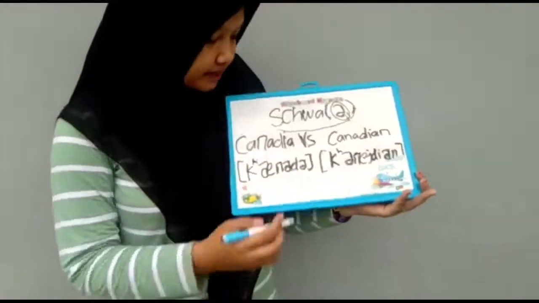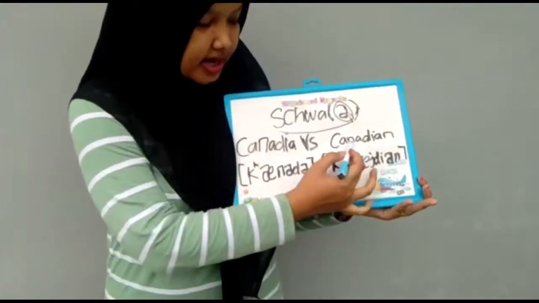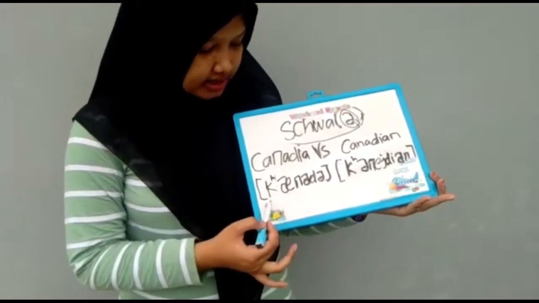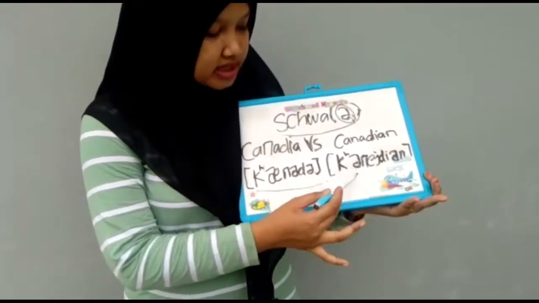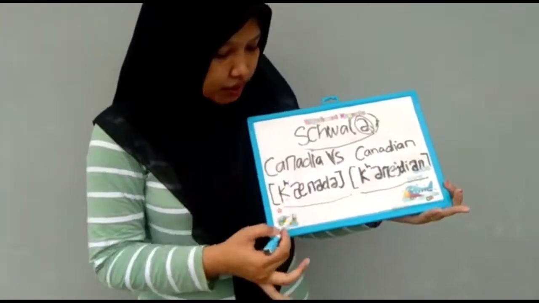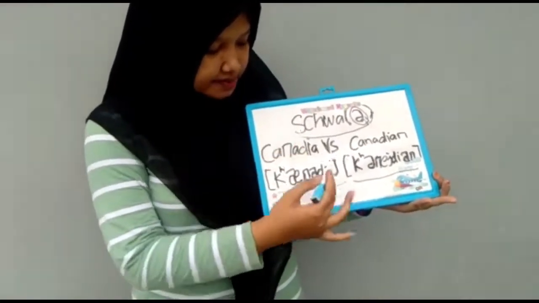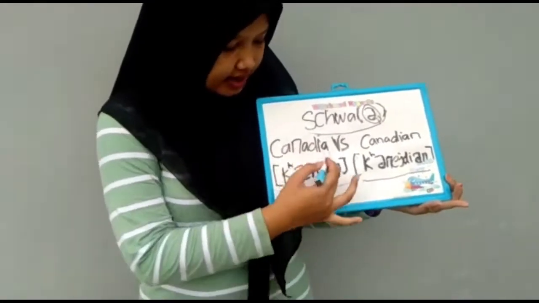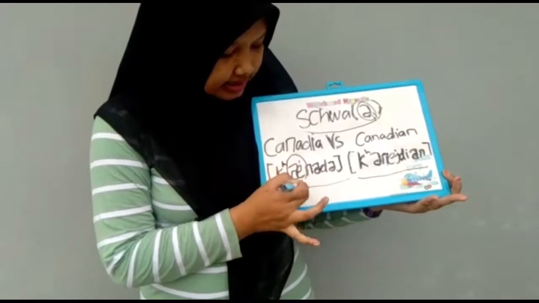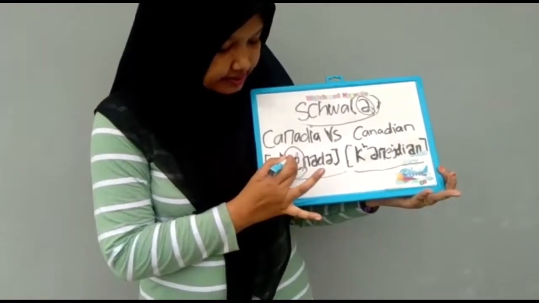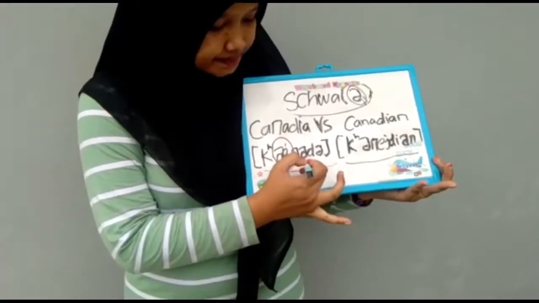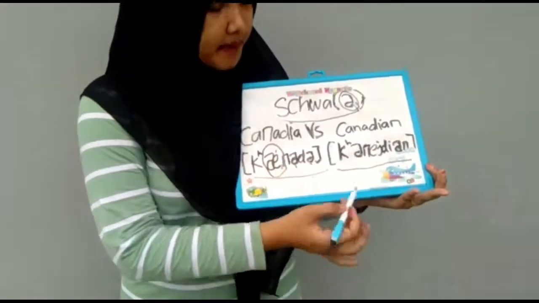Let's see the example, Canada and Canadian. The phonetic transcription of Canada is like this, and the phonetic transcription of Canadian is like this. So in this phonetic transcription of Canada, this vowel is stressed because there is a stress symbol, and the schwa in here is unstressed.